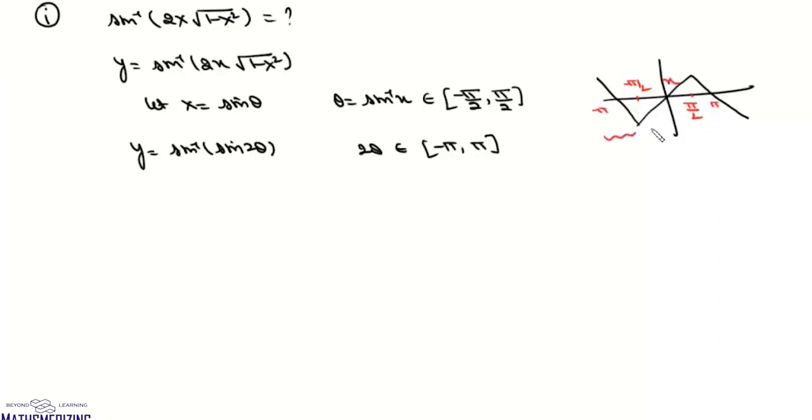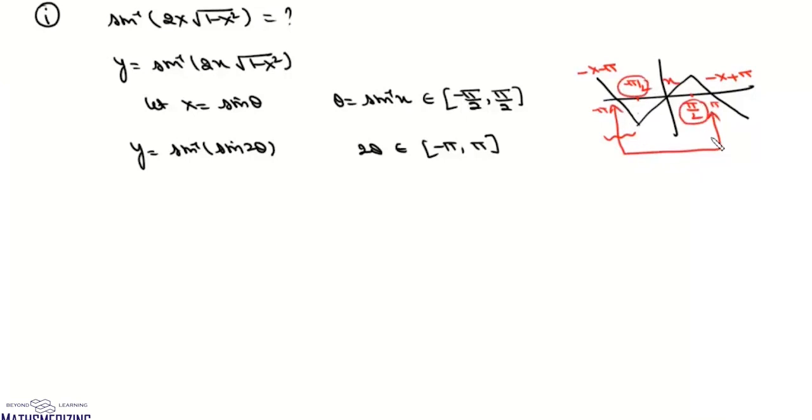Between minus pi and minus pi by 2, it is minus x minus pi, and between pi by 2 and pi, it is minus x plus pi. In this interval from minus pi to plus pi, there is a change of definition at minus pi by 2 and at plus pi by 2.